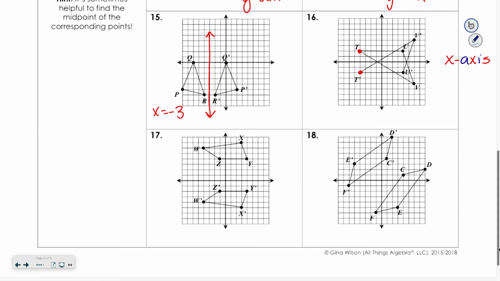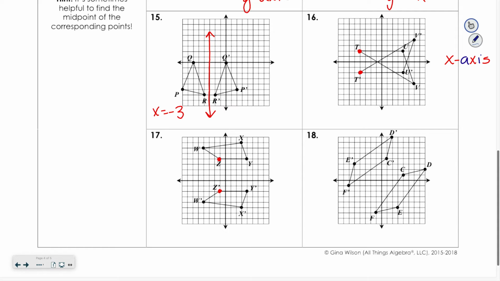Okay, what on number 17? What is this reflecting over? Y equals 1. Okay. Z and Z prime are 1, 2, 3, 4, 5, 6 apart.